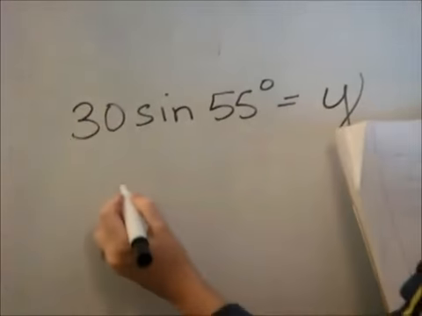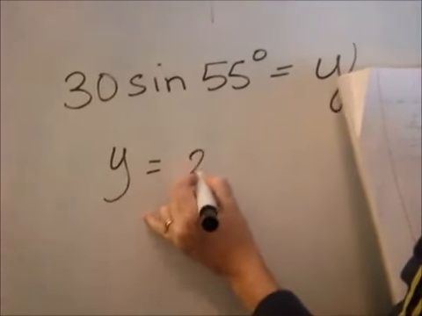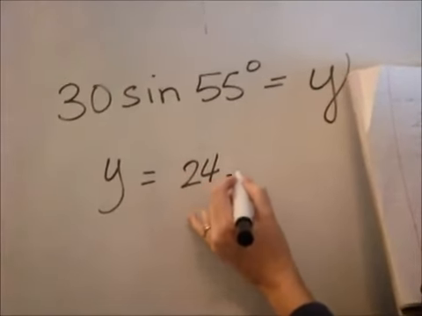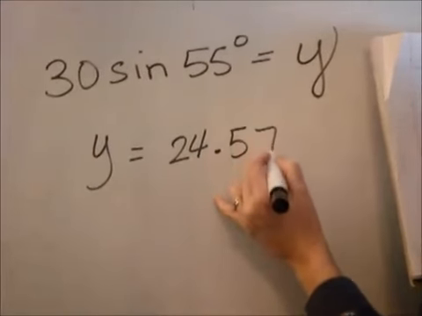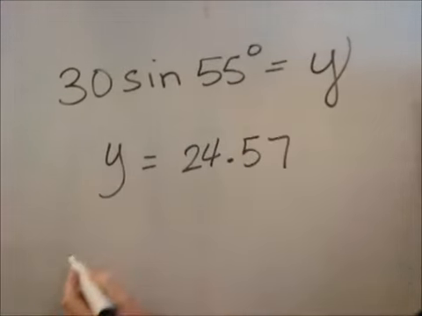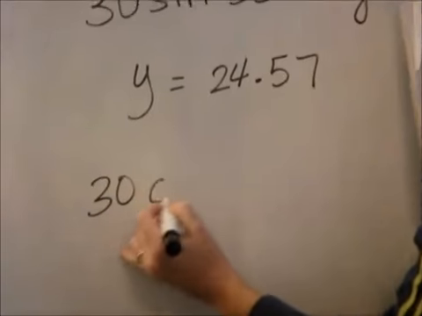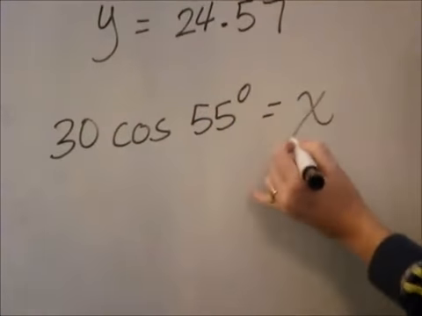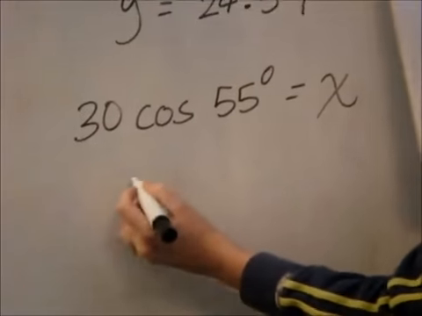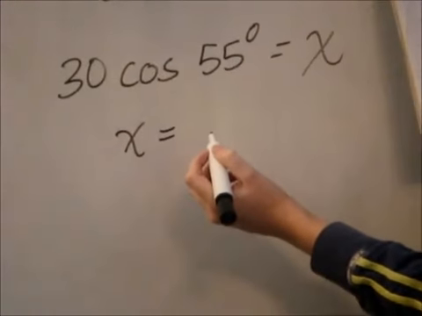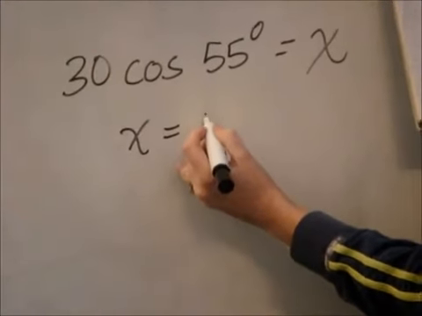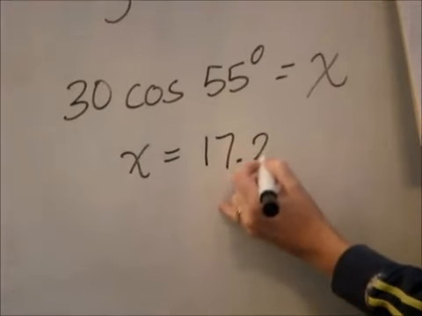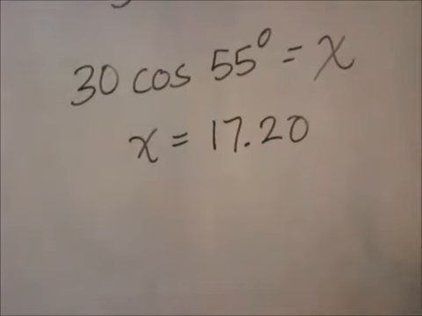So we put that in our calculator, we're going to get y equals 24.57. And then we get x. We would say 30 cosine of 55 equals x. And we just put that in our calculator and we get x equals 17.20.